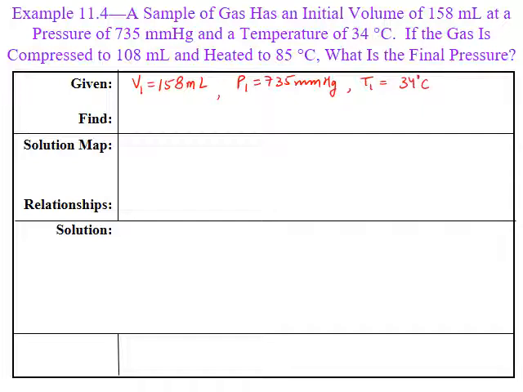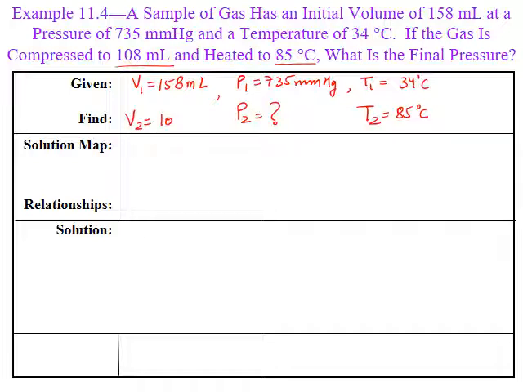The question is, if the gas is compressed to 108 ml and heated to 85 degrees Celsius, what is the final pressure? So the question is asking what is P2, what is the final pressure if the gas is heated to, meaning T2 is 85 degrees Celsius and is compressed to 108.